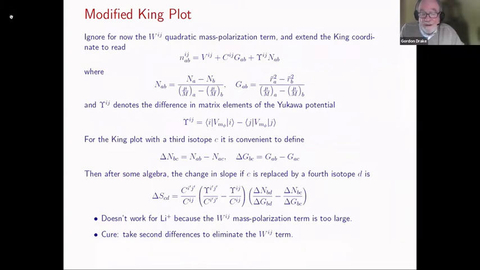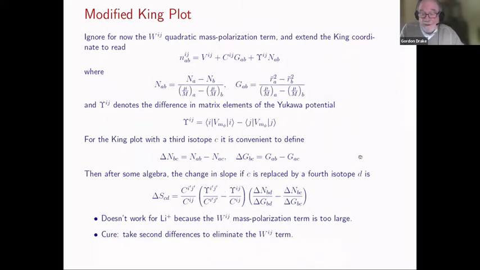So if there is an additional term, if we ignore for now the W term, and let epsilon denote the difference in matrix elements for the Yukawa potential between the 2 different atomic states, then the King plot contains, if we go down to the bottom, the change in slope in going from one isotope pair to the next would then contain this additional term depending on the differences of the epsilon matrix element.